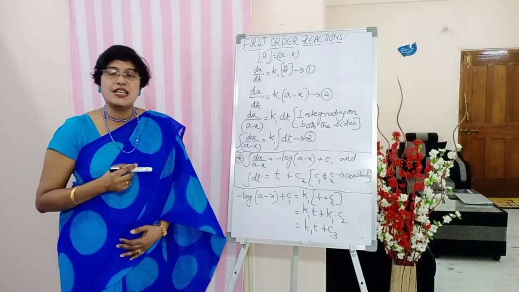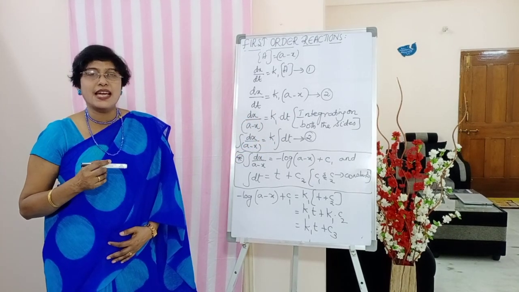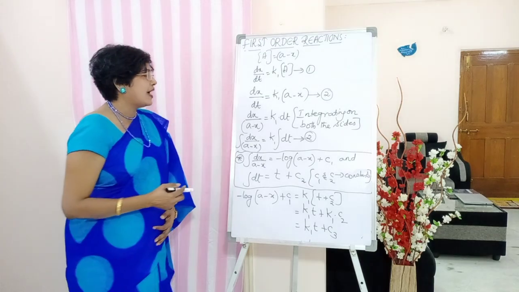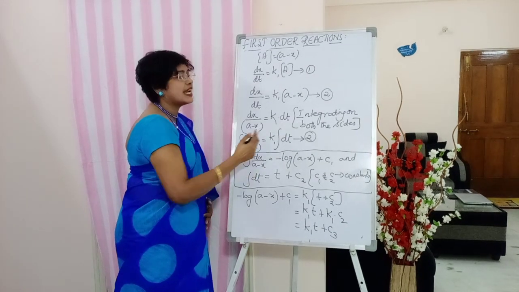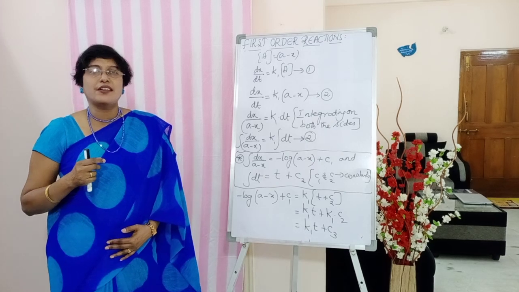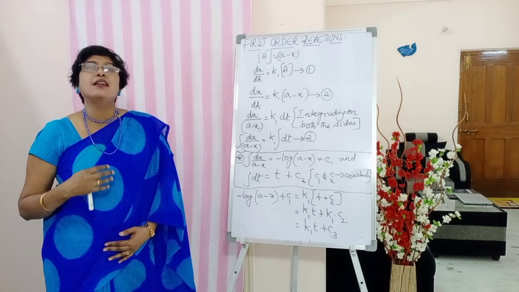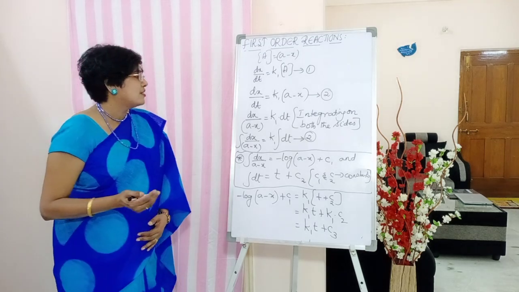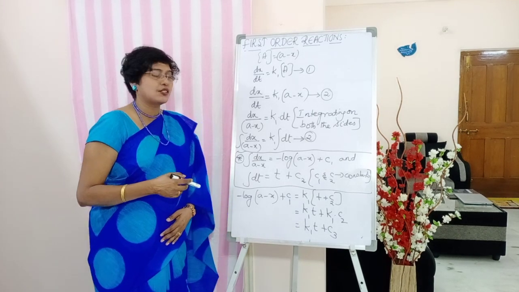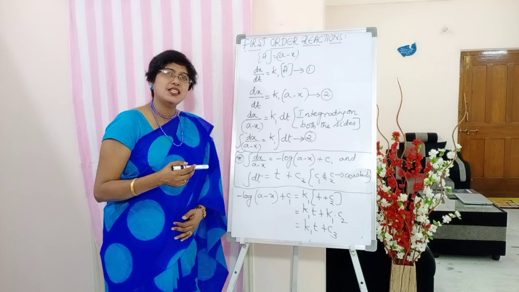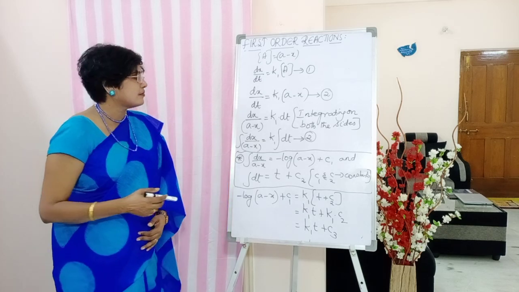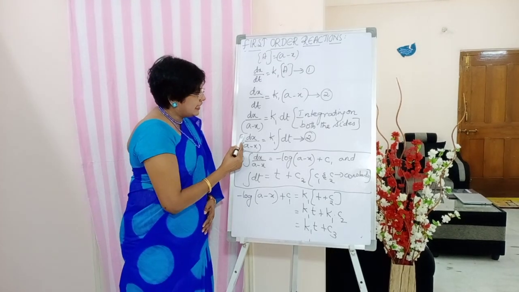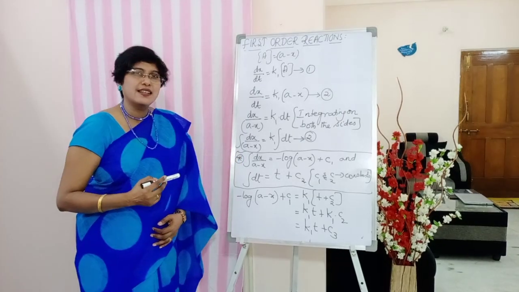Now, integrating this equation on both the sides. If you have space here, you can write here or else write here in the brackets. Integrating the above equation on both the sides. Fine. So, how to do the integration, students? You know differentiation and integration. The integral symbol is this one.